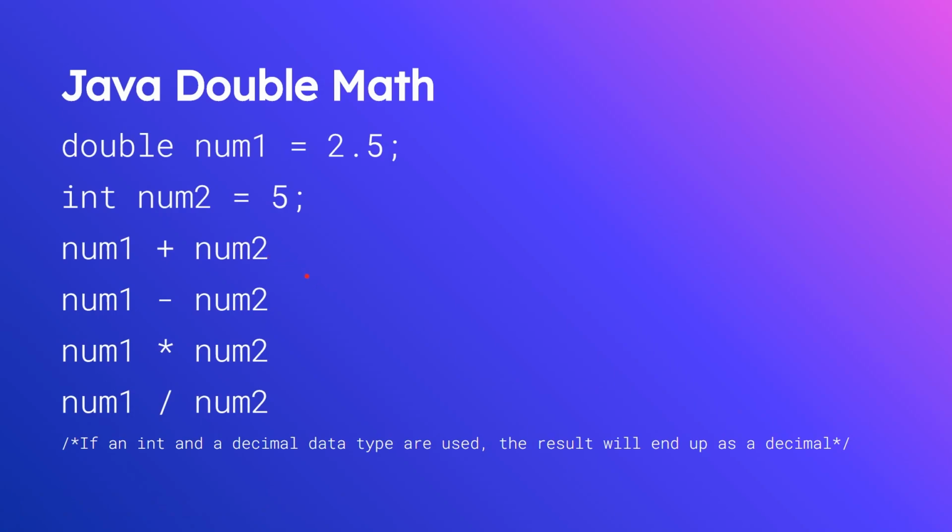So with that in mind, num1 plus num2 would be 7? Have confidence. No need for that question mark. It is 7.5. It's too late, I already said it. Anyway.